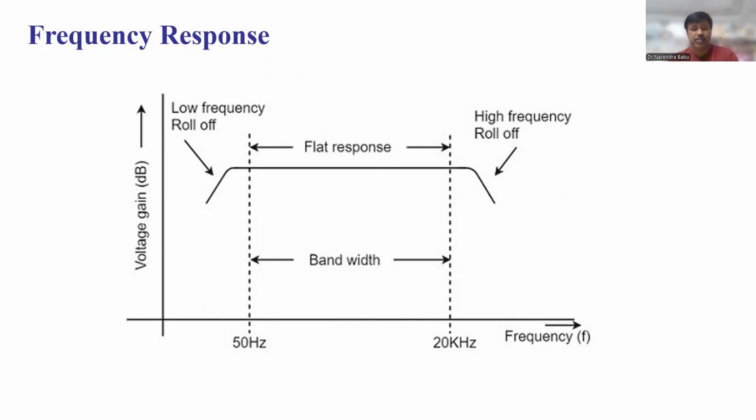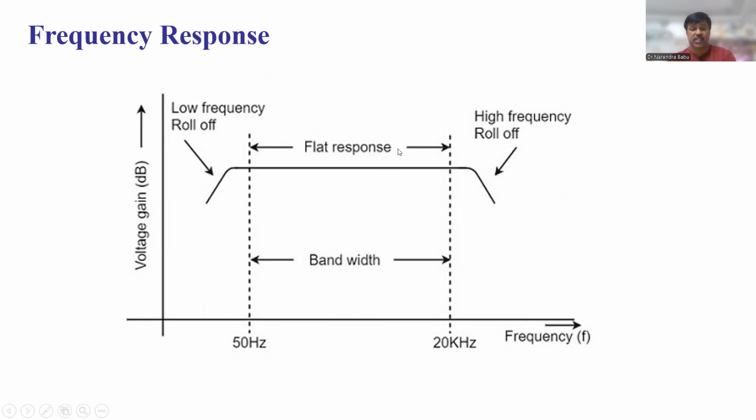The reactance of the emitter bypass capacitor Ce is also very high during the low frequencies, hence it cannot shunt the emitter resistance effectively. At high frequencies, we know that the capacitor reactance is low, so a capacitor behaves as a short circuit at high frequency.